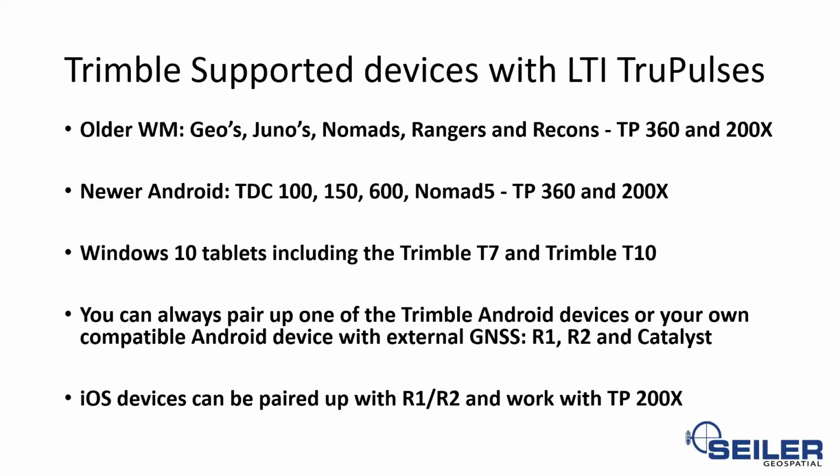Also, iOS devices can be Bluetooth paired up with the R1, R2 for higher accuracy. So say you have an iPad or an iPhone, and you want to use the TerraFlex app with a 200X. That's the breakdown as far as Trimble hardware devices with TerraFlex and the TruPulse 360 and 200X. A lot to digest, but it's spelled out there. If you've got any questions, please let us know.